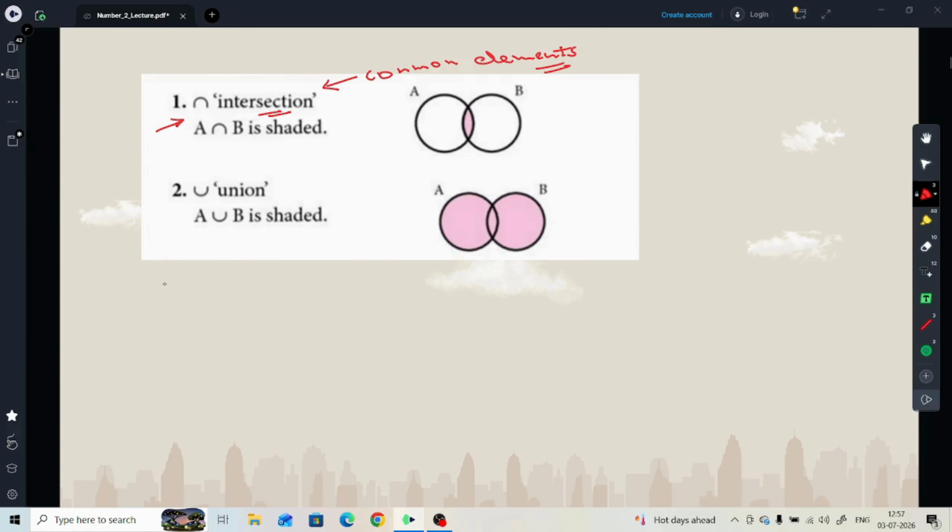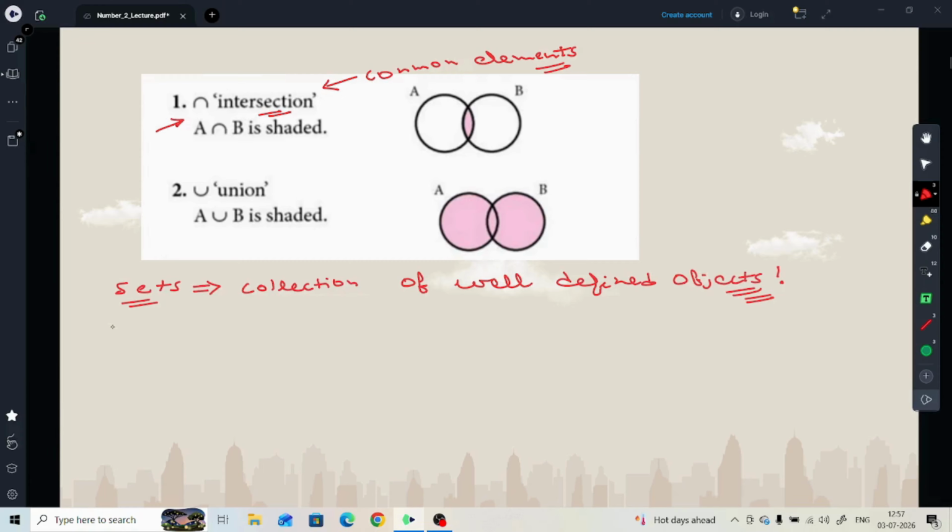For example, first let's understand the sets only. I think you must know this, but I'm revising. A set is basically a collection of well defined objects. You must have studied this in the previous classes also.